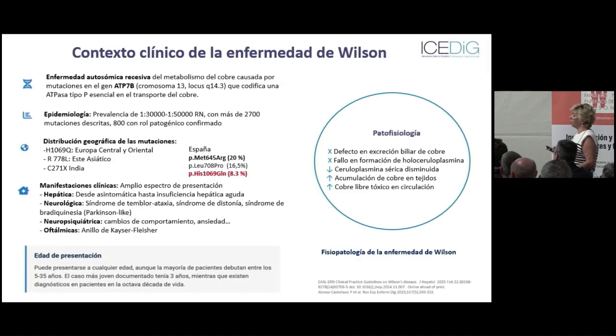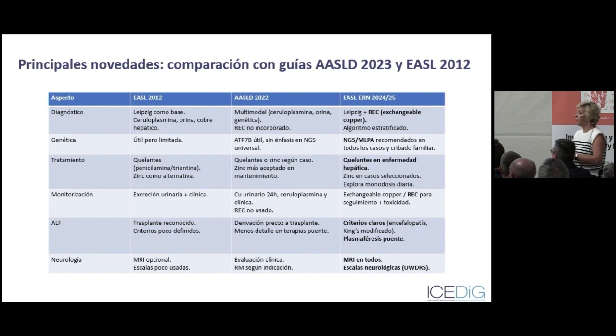Neurological signs and symptoms would be tremor, ataxia syndrome, dystonia syndrome, bradykinesia syndrome, which is similar to Parkinson's syndrome. There's numerous neuropsychiatric involvement, and ophthalmic, like the Kayser-Fleischer rings. This can happen at any age. It's infrequent before the age of 3. It's usually between the ages of 5 and 35.